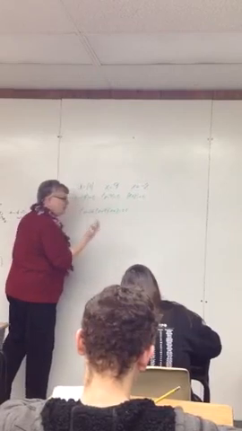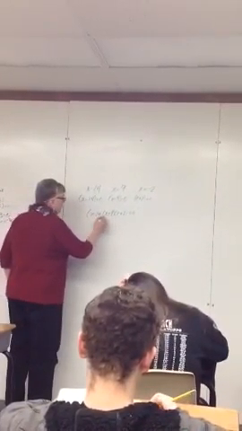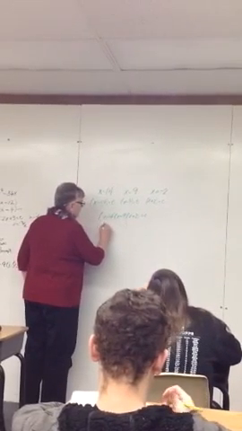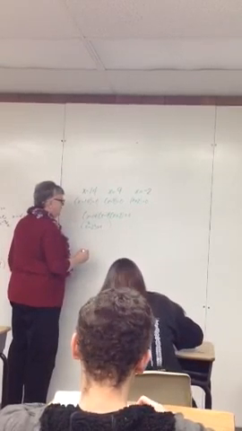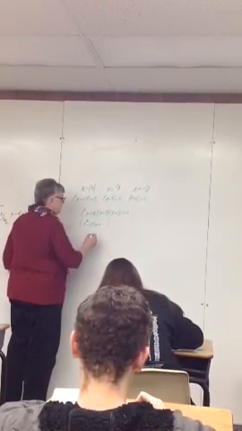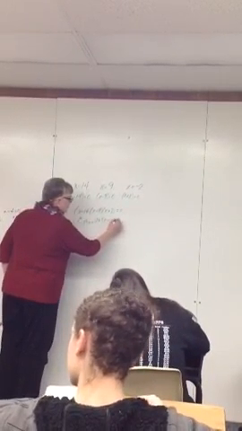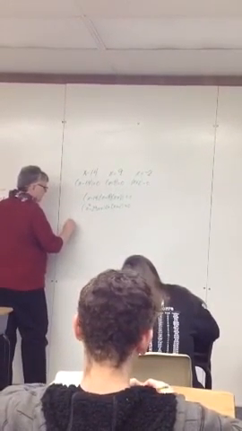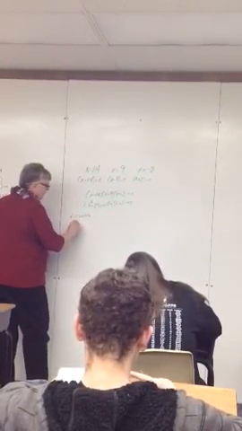And now, the last thing I have to do is I have to FOIL them out and stack it to find my answer. So if I FOIL these two, what's 14 times 9? 126. Yep. And then I have to take this, and I need to do the stack method.